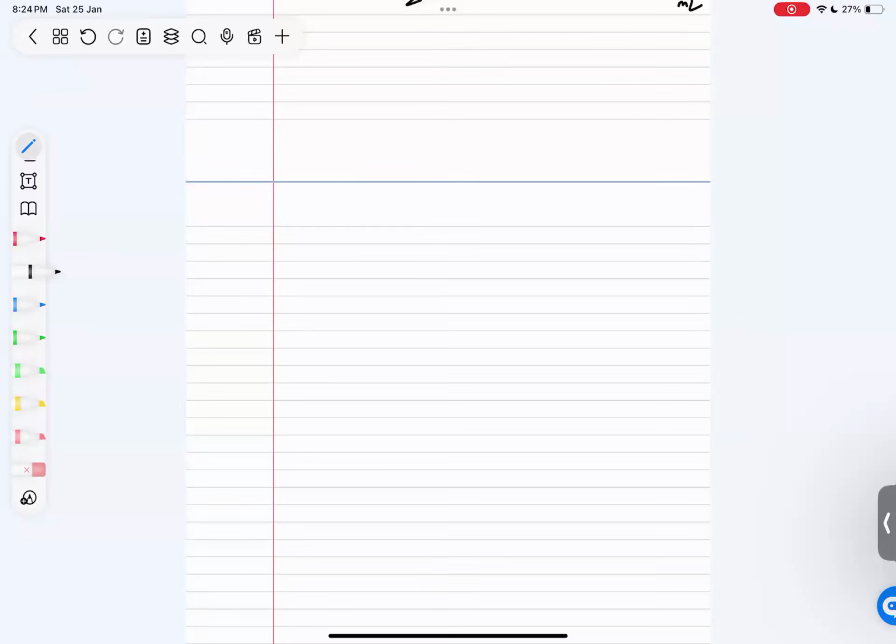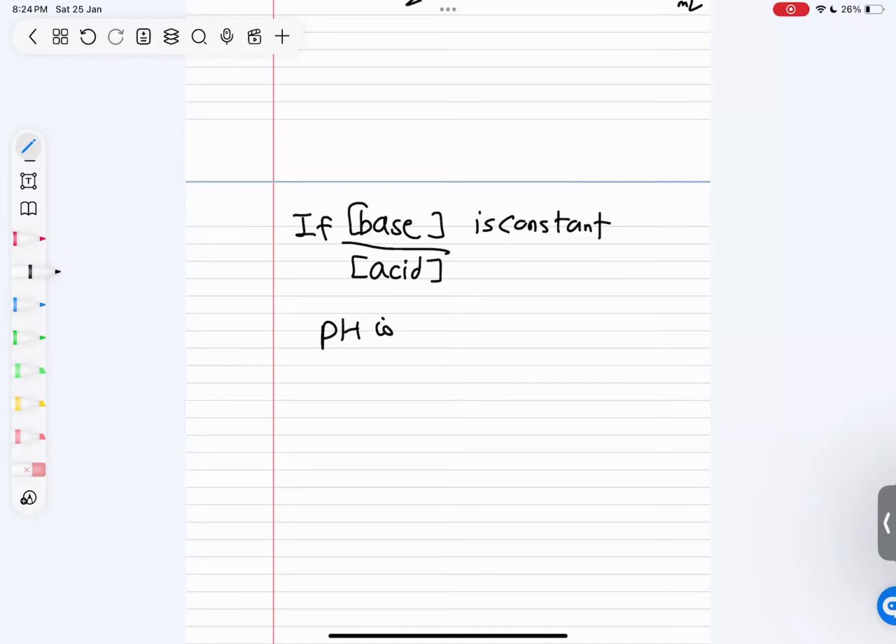Now we found the buffer pH. If the conjugate base concentration over the weak acid concentration is constant, the pH is unchanged.